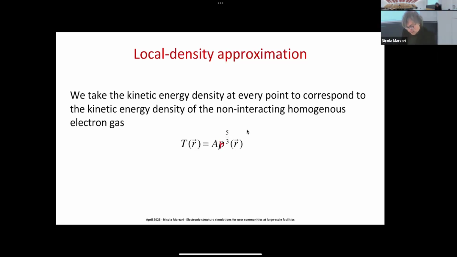Maybe I should use n rather than rho. And it happens, that's really the Sommerfeld model, it goes as the power 5/3. And so this is exact for a very non-physical system, non-interacting electrons, but it's a start.